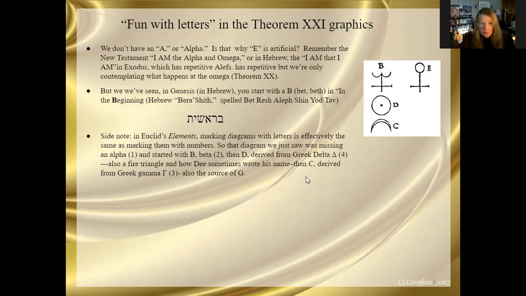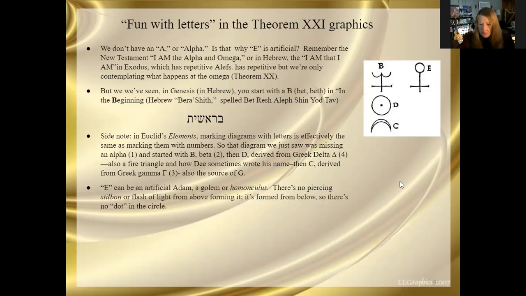All right, we know that this D in Greek would be a delta, a fire triangle. That's sometimes how D wrote his name. This C is also the source of the letter G, by the way.